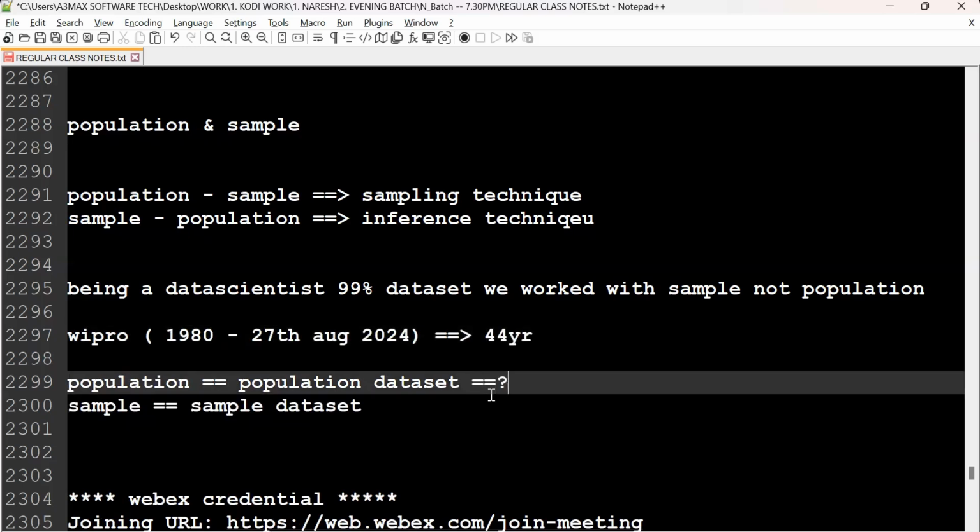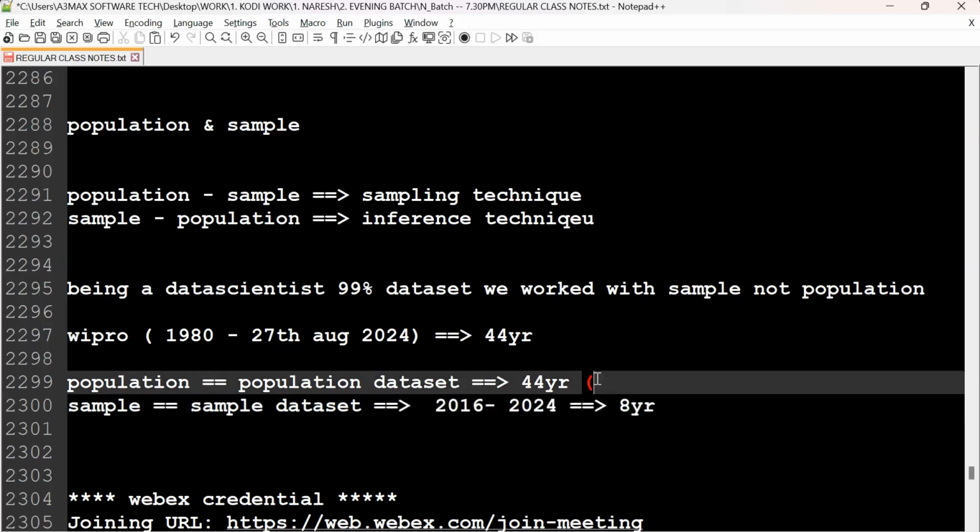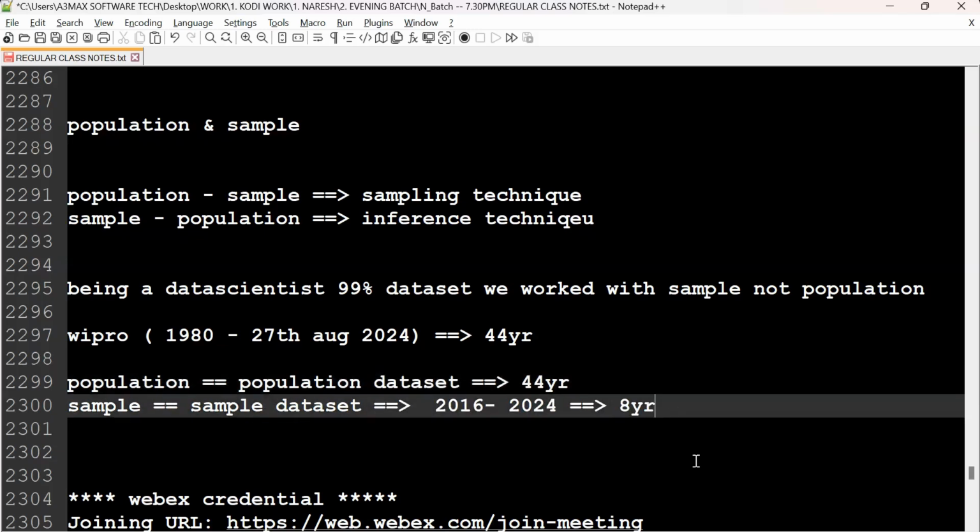So if I get data from 44 years, can I say it is a population data set or not? Are you understanding? So for the next one, for the sample data set, I use 2016 to 2024. How many years? Only 8 years. Now, the 44 years is called population. This is called sample data set.